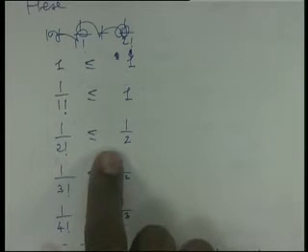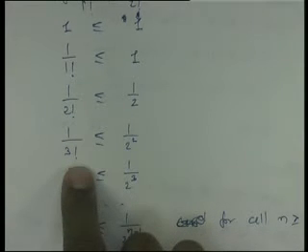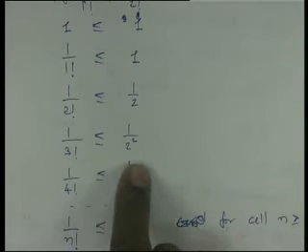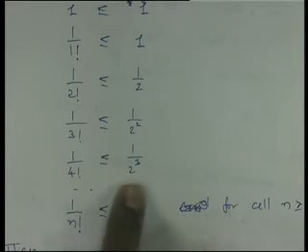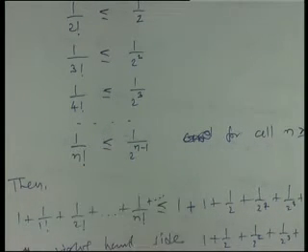The next term 1 upon 2 factorial is less or equal to 1 by 2. The next term 1 upon 3 factorial is less or equal to 1 upon 2 square. Similarly, 1 upon 4 factorial is less or equal to 1 upon 2 cube. So in general, we can write 1 upon n factorial less or equal to 1 upon 2 raised to n minus 1 for all n.